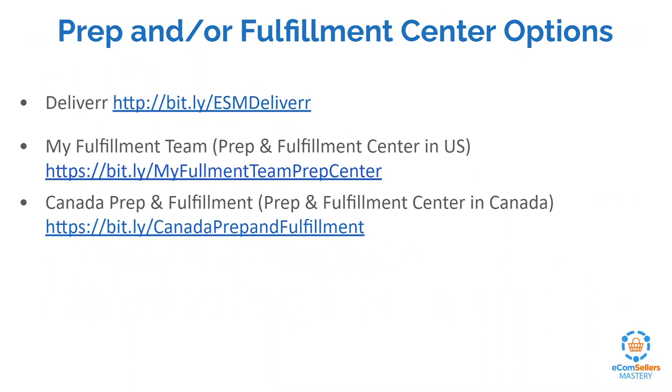All right. Here are a couple of the prep centers that we recommend, our fulfillment centers. Deliver My Fulfillment Team and Canada Prep and Fulfillment. I also want to mention Precision Prep. Precision Prep, I think, is out of Pennsylvania. You can look at where prep centers are located and see if maybe you get a better rate sometimes because of the taxing of where the item is coming out of as well.